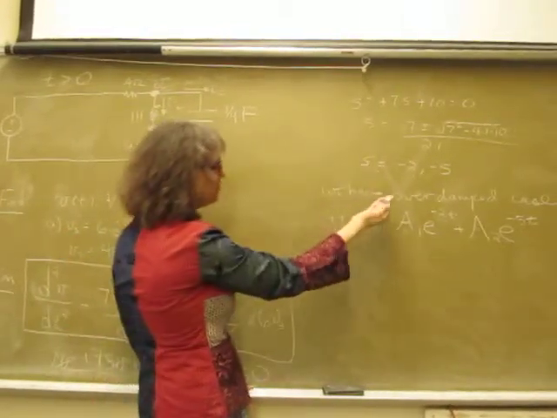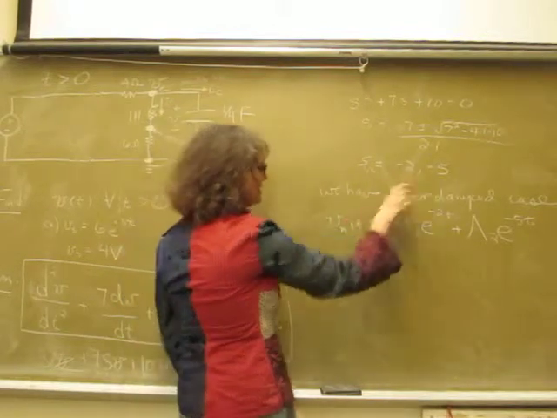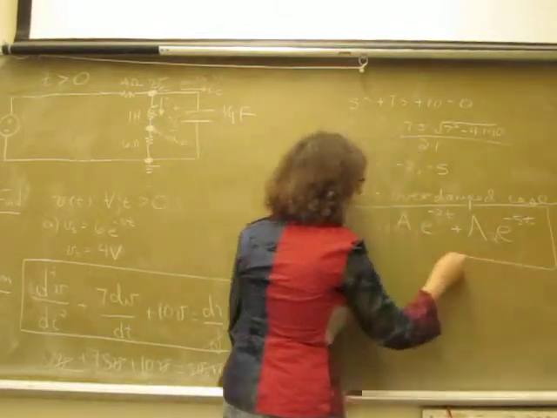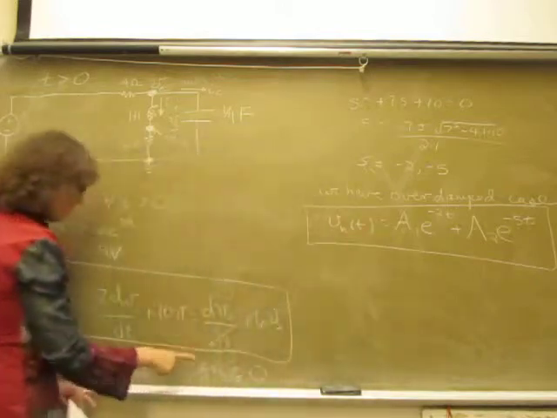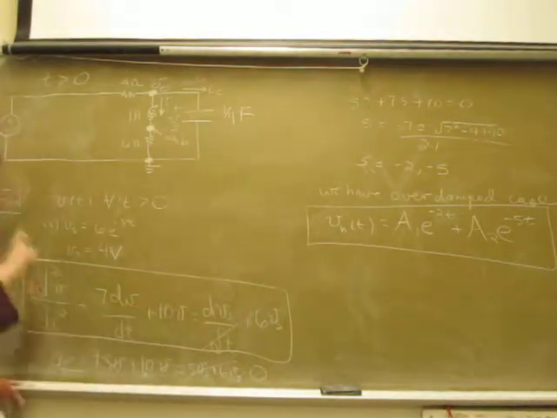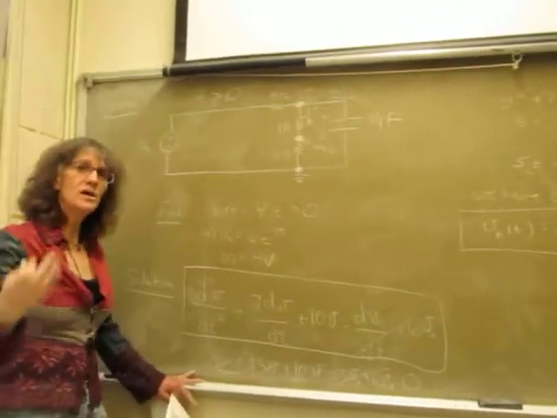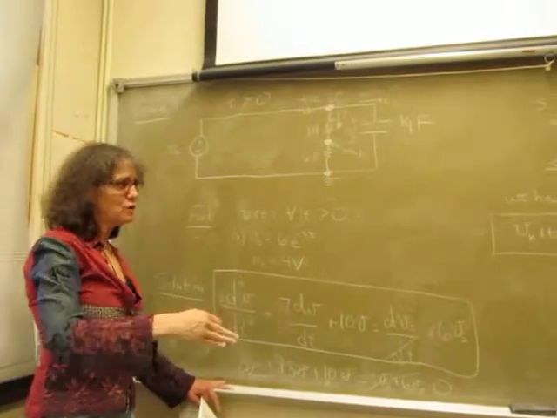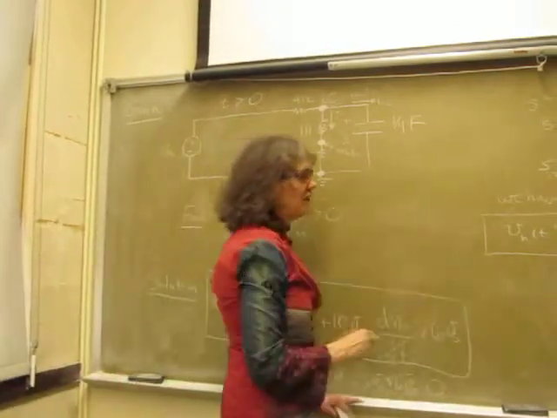But we have the overdamped case with distinct roots. We're halfway there, because the solution to a differential equation has 2 parts, the natural part and the forced part. We just found the natural part.